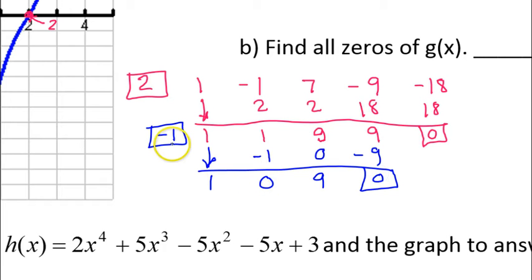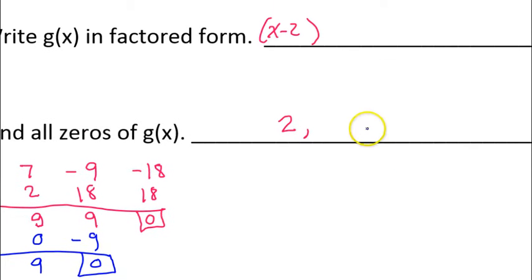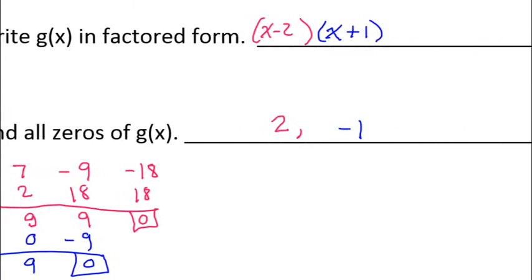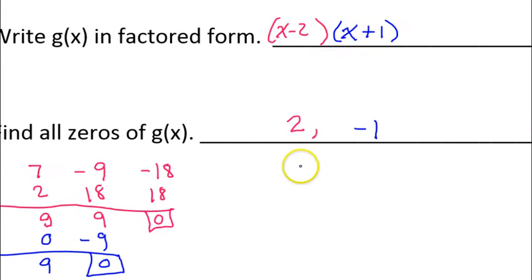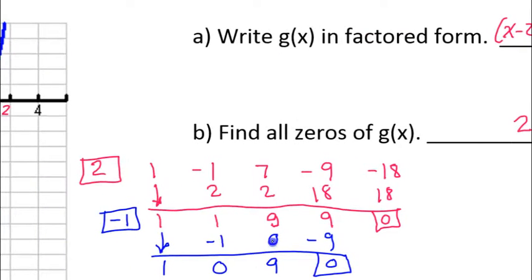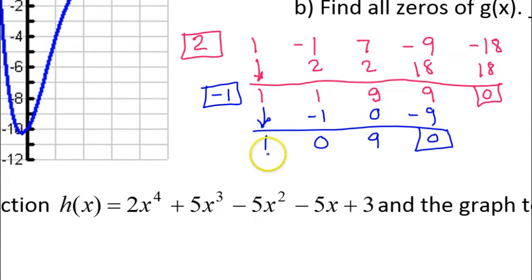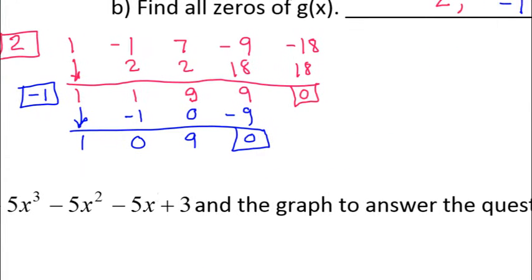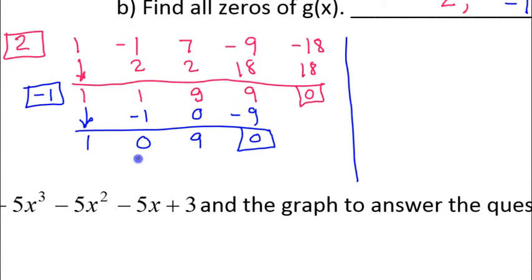Okay, so at this point I'm using another 0 of -1, so I'm going to go ahead and write that down, and that's going to correspond with a factor of x plus 1, so I will go ahead and write that down as well. Now, we knew that from the beginning. But to find the other two zeros, I will go ahead and factor this. So if I put the variables back in here, this is x squared plus 9.